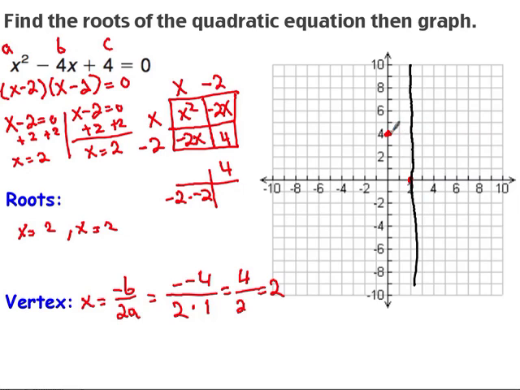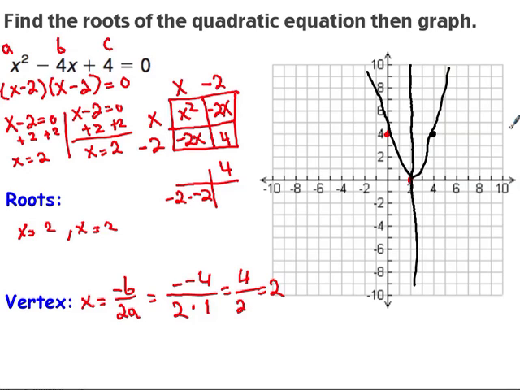Same distance from this point to the axis of symmetry is on the other side also. So you have here the distance 1, 2. So there's another point on the other side here also. So it's 1, 2. And now you can draw that parabola. And here's how your parabola looks.